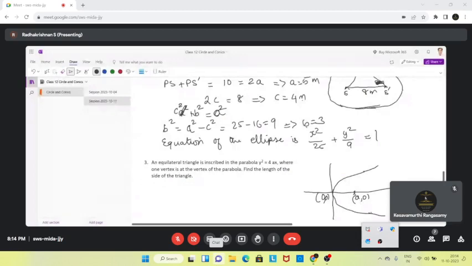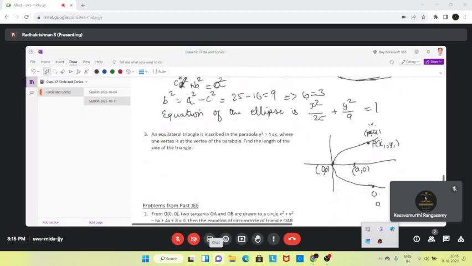An equilateral triangle with one vertex here at 0, 0, and let's say another vertex somewhere here. I'll write it as point P. So this is your point Q.